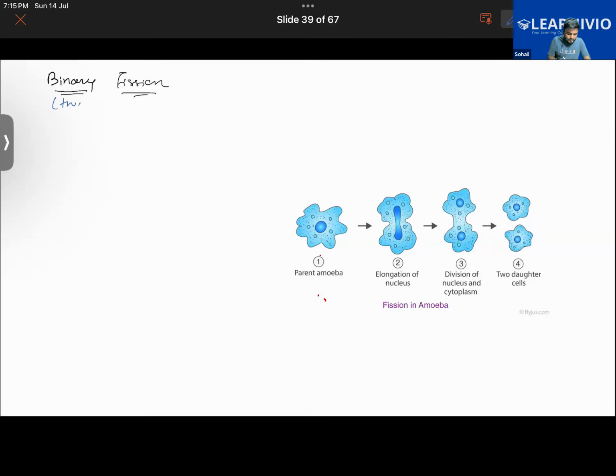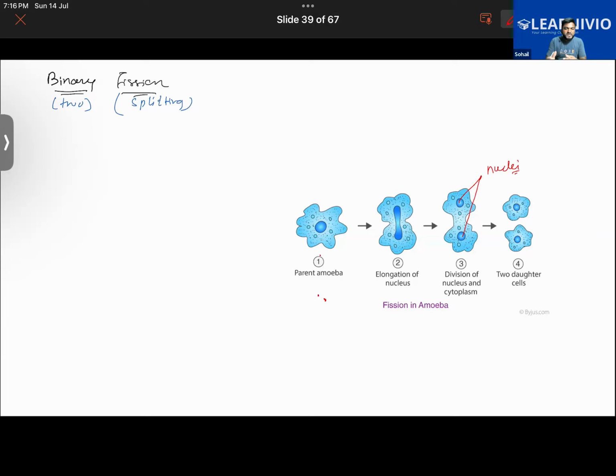Binary means two and fission means splitting. So amoeba, a unicellular organism, reproduces by simply splitting into two equal halves. As it reproduces, the nucleus of the amoeba divides itself and forms two nuclei, because nuclei is the plural of nucleus.